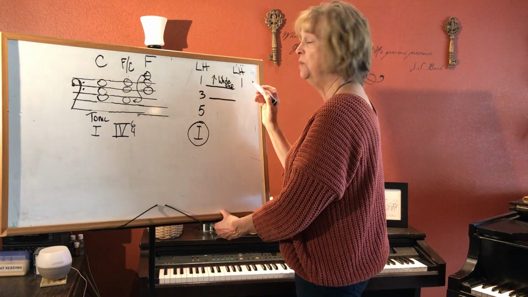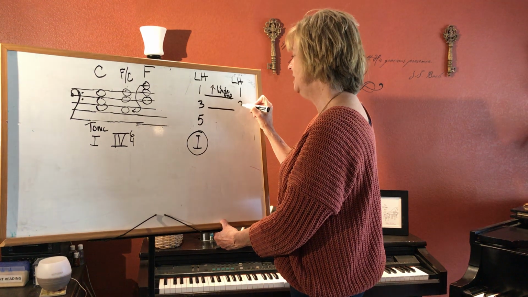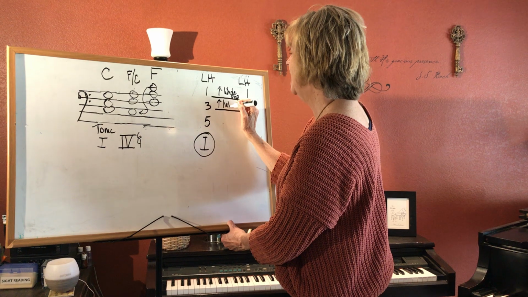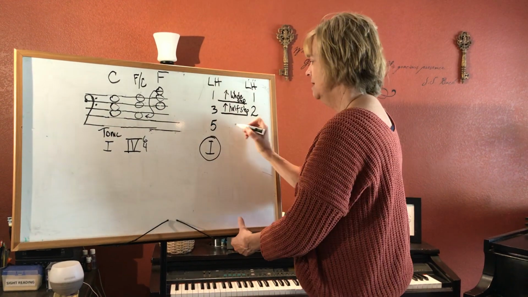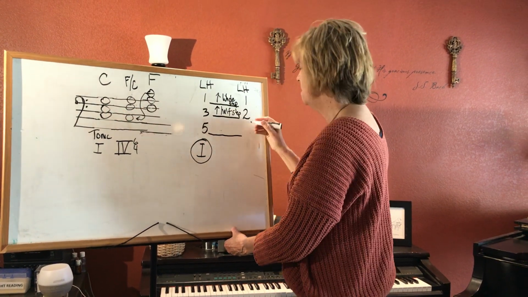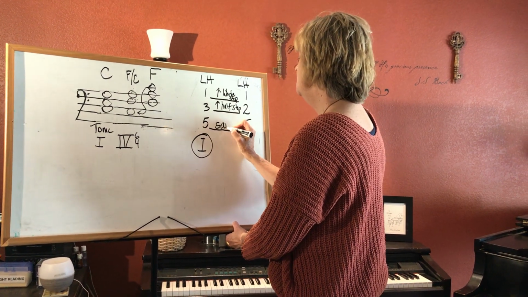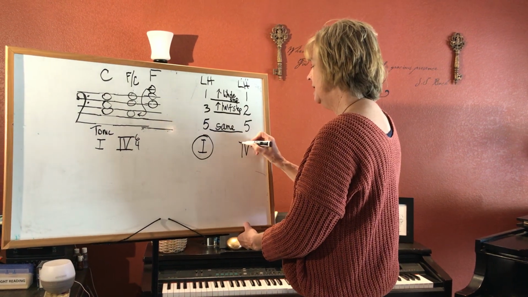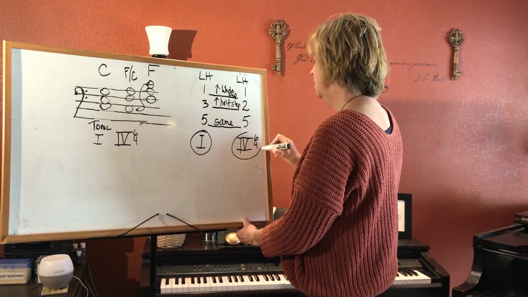Your third finger, do you remember that when you went to the dominant 7th chord in first inversion, it went up a half step to your second finger? That's exactly what it does when you're moving to the 4 chord, the 4 6/4 chord, I should say. The 5th finger is nice and easy because it remains the same, so the bottom note with finger 5 is going to stay the same, and this is how you get from a 1 chord to a 4 6/4 chord.